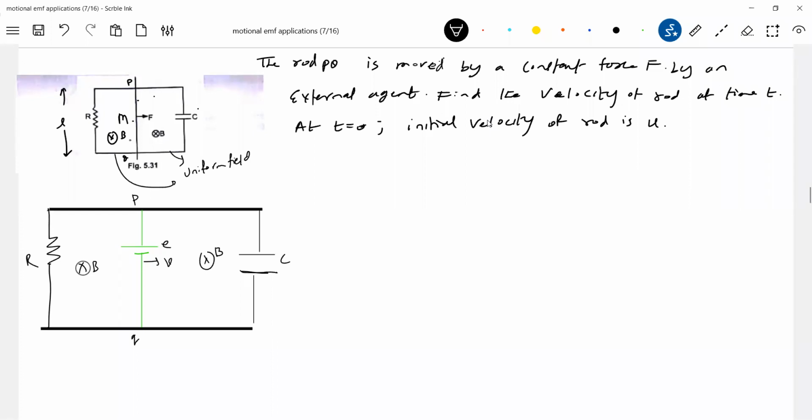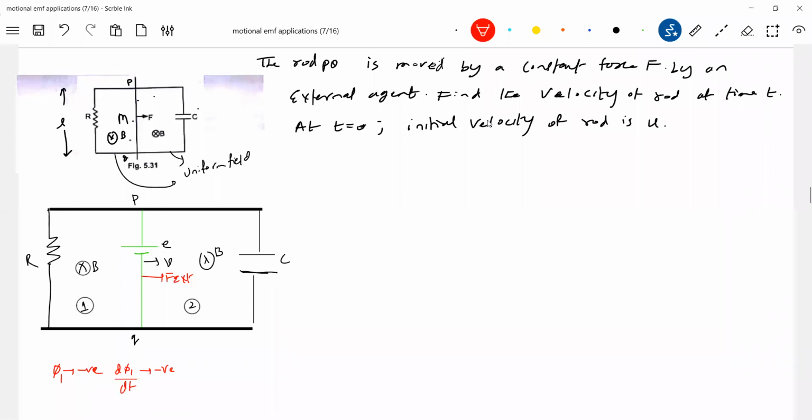In the left loop, call it loop 1, and there's a loop 2. In loop 1, look at the conventions I'm putting. Flux is negative, and d phi 1 by dt is negative as the rod PQ moves towards right, because the flux in the first loop will increase.